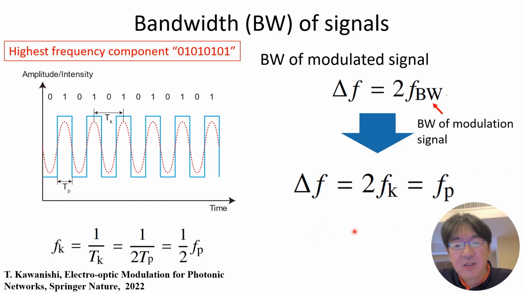The bandwidth is equal to double the highest frequency, but Fk is half of Fp. That means the bandwidth is equal to Fp, the modulating speed, the baud rate. And this is a very simple expression on the bandwidth of the signal.